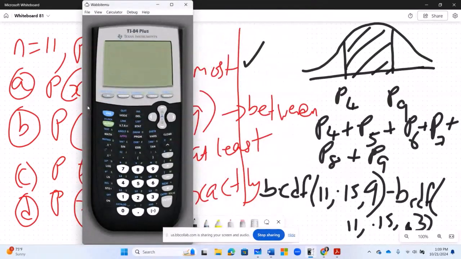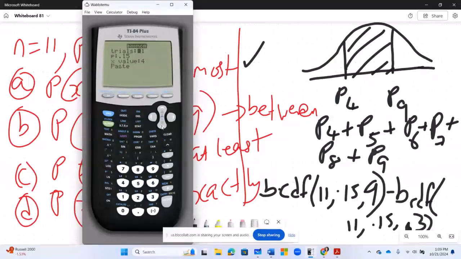Now I'm going to tell my calculator to use binomial cumulative density function. Second distribution, and I will arrow to binomial CDF.